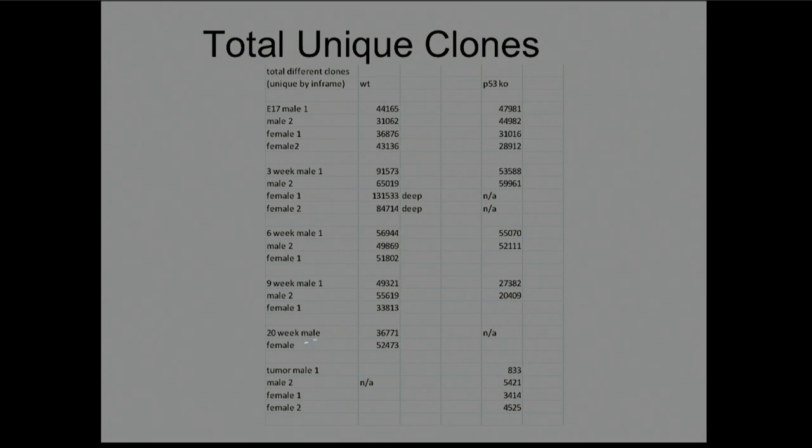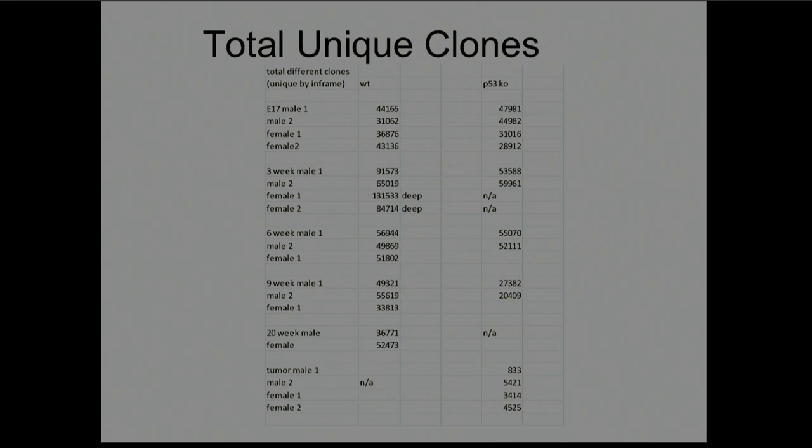By 20 weeks, if you just look at the females, and here's males and females, this is down from 20,000 to 5,000, 3,000, 4,000 unique clones. Now, the reason this is happening is that there is, in fact, a tumor arising, and it's replicating like hell, and the number of T cells in the thymus stays roughly constant, so it's squeezing out all the unique clones. So we see loss of unique clones as the first indication.